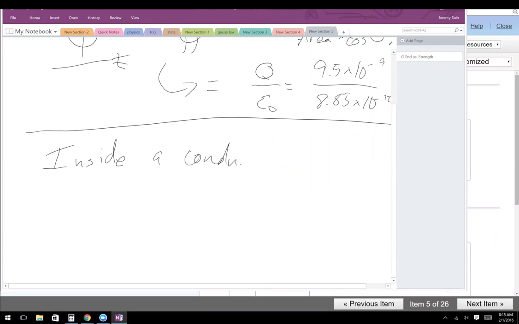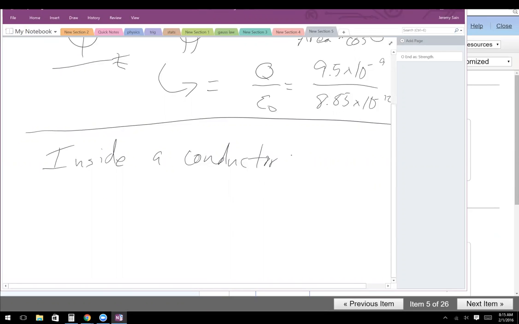In a conductor, the electrons are free to move anywhere they want to, right? So they're all going to move out to the surface because they're repelling each other, and they want to be as far away as they can. So the best thing they can do is all get to the surface.